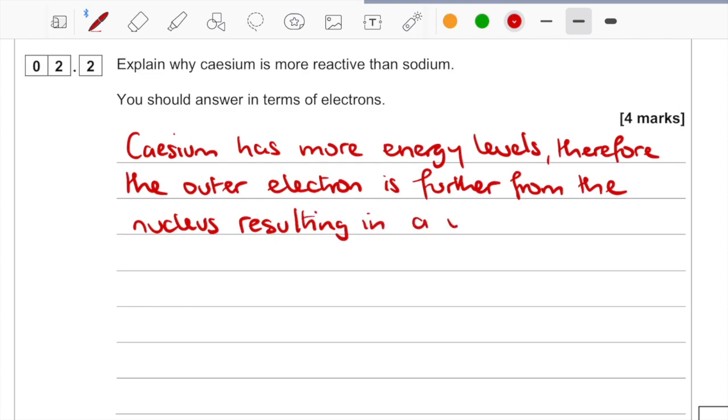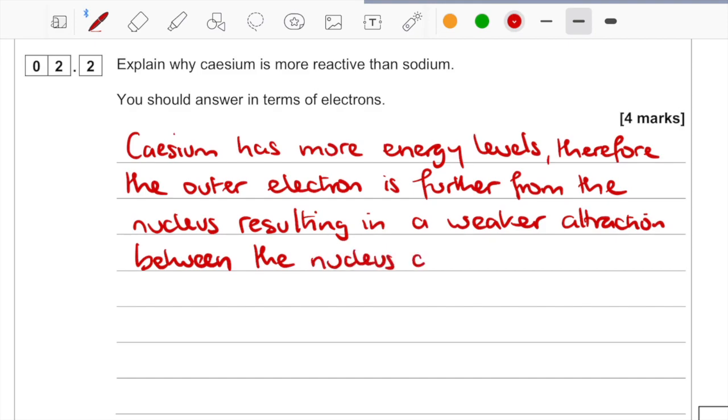What's the attraction between? Well, between the nucleus, which is positively charged, and the outer electron, which is negatively charged. And so if we have a weaker attraction, what does that mean? It means the outer electron is lost more easily.